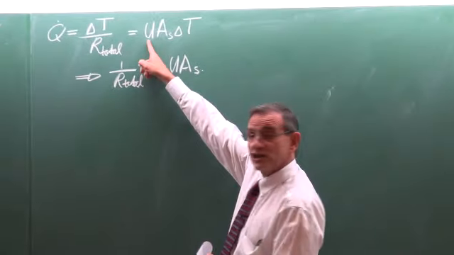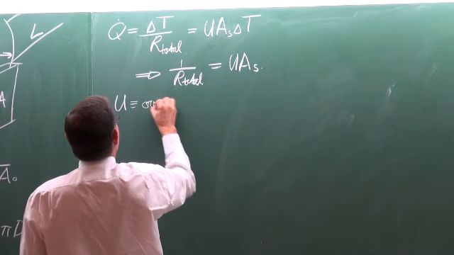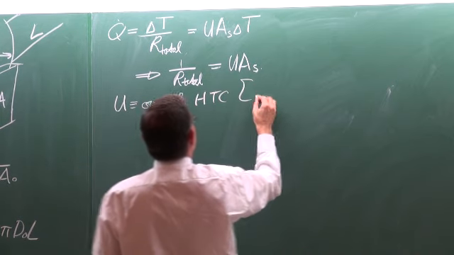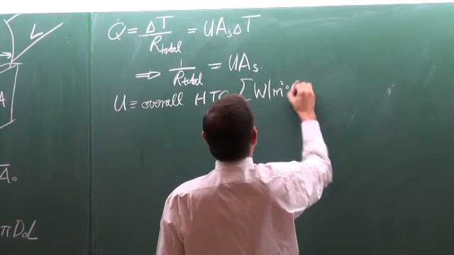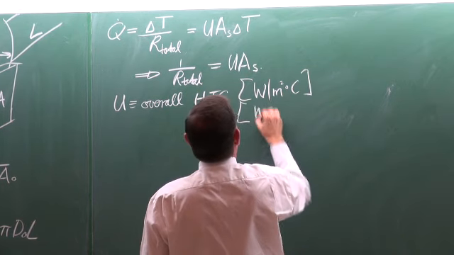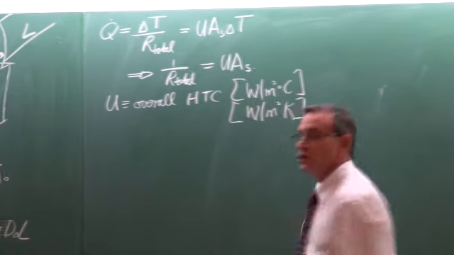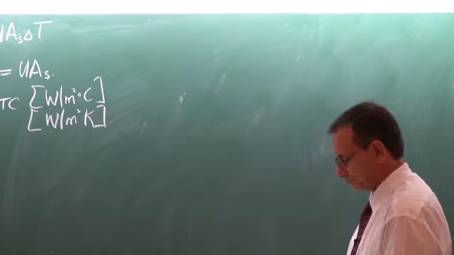And this U, as we know, is known as the overall heat transfer coefficient. Its units are watts per square meter degrees Celsius, or watts per square meter Kelvin, whichever one you want to use.